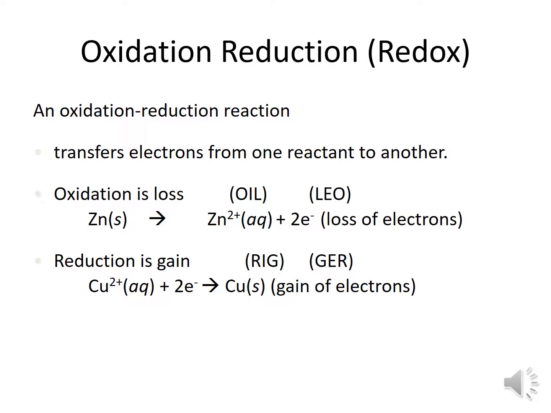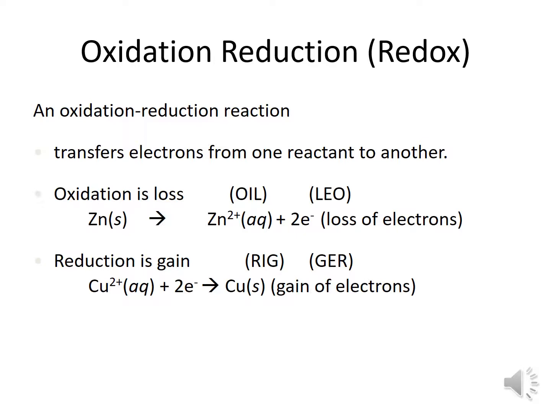The chemical that is losing electrons is said to be oxidized. Oxidation is loss. So the words OIL and LEO: oxidation is loss, loss of electrons.